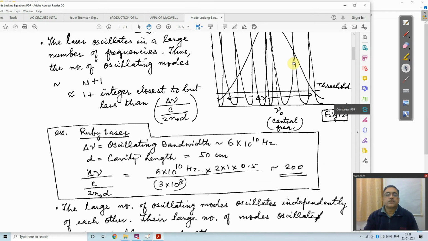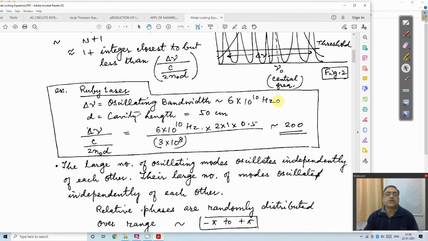Now further, we consider an example of a ruby laser in which delta nu is the oscillating bandwidth. Let us assume 6 into 10 raised to power 10 hertz, practically taken. The cavity length is 50 centimeters.